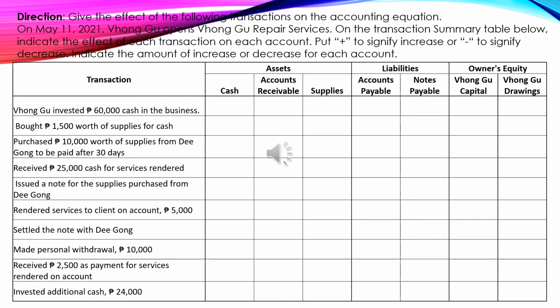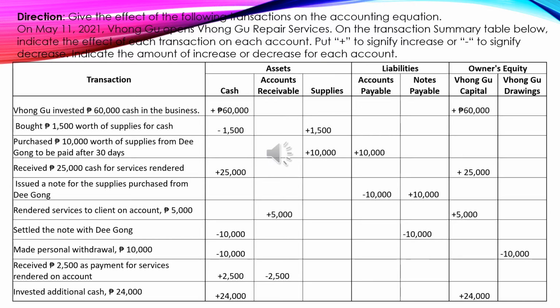And then rendered services to client on account 5,000. Next, settled the note with Digong. And then made personal withdrawal amounting to 10,000. And then received 2,500 as payment for services rendered on account. And the last one, invested additional cash amounting to 24,000.